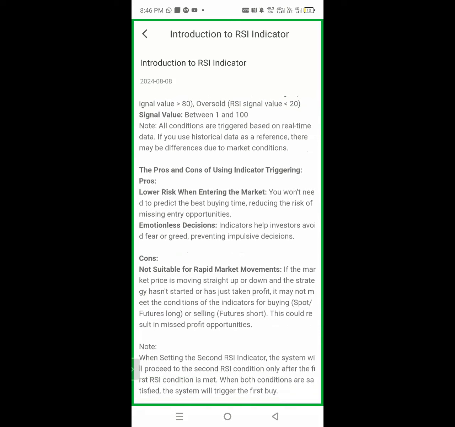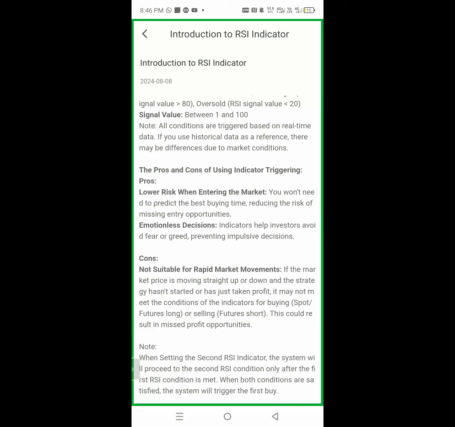Okay, so note, when setting the second RSI, because we said RoyalQ gives you the opportunity to set two, we are going to do the practical. When setting the second RSI indicator, the system will proceed to the second RSI condition.